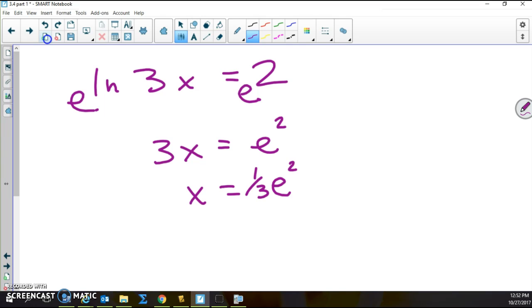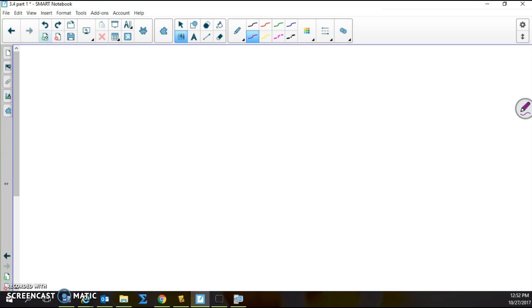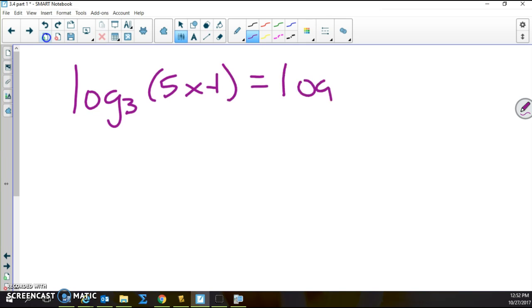The second part of that is as straightforward. It gives us log base 3 of 5x minus 1 is equal to log base 3 of x plus 7. And we understand that logarithms are one-to-one.